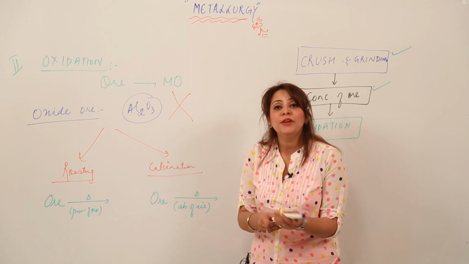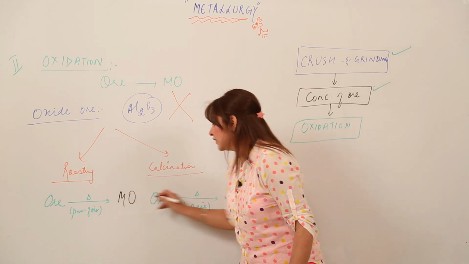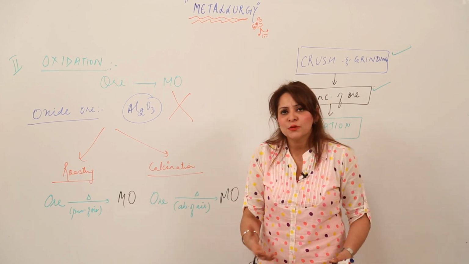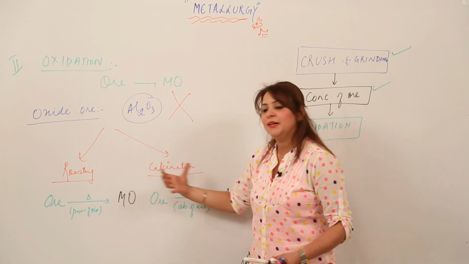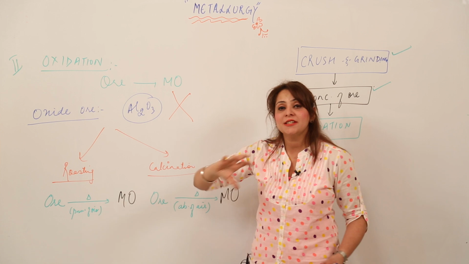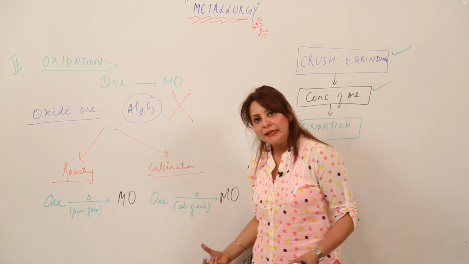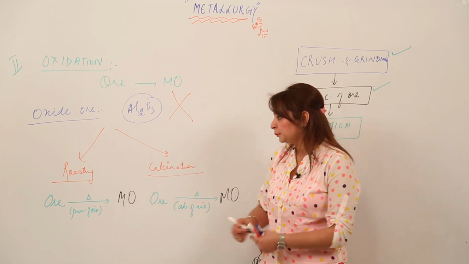But the product we get after roasting and calcination is absolutely the same, that is the metal oxide. So the difference is just the heating. It is very simple to learn: both methods are employed for oxidation, so the ultimate product will be metal oxide. We are heating in both cases, but in one it is in the presence of air and in the other in the absence of air.